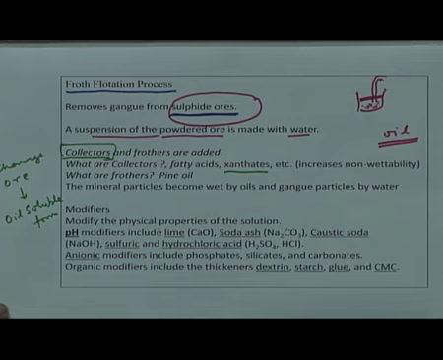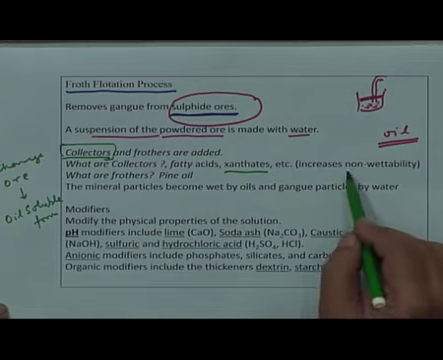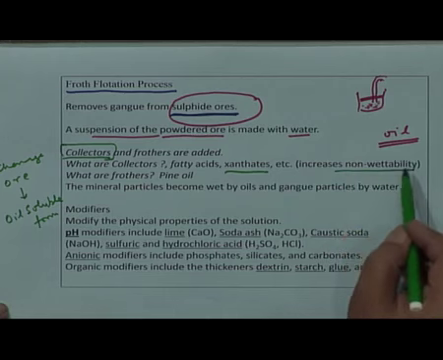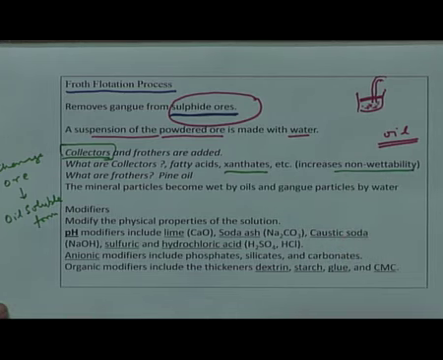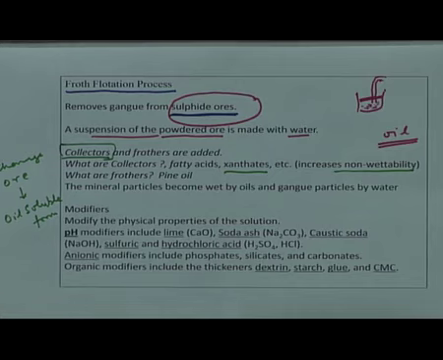This increase in the solubility in oil is also called non-wettability. That is, water now reduces its effect on the ore. The ore is protected by the oil and it cannot again become moisturized or wet.